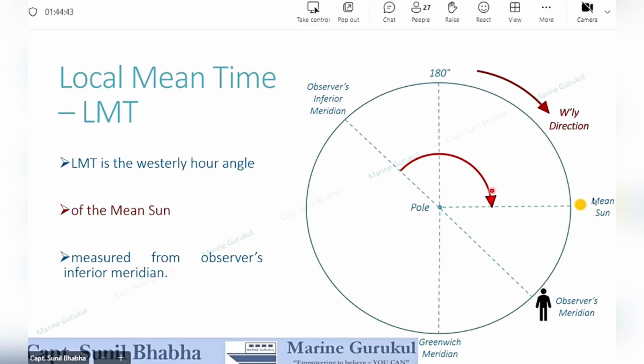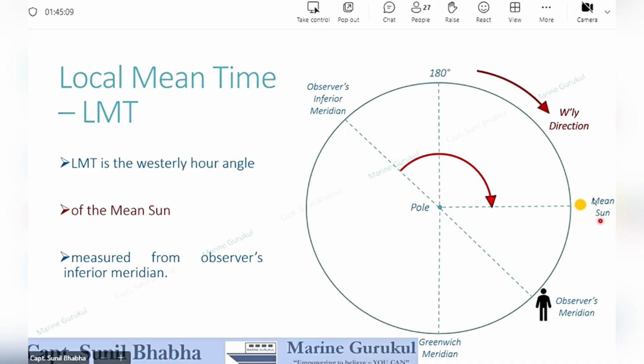This red color arc which you see, the red color angle which you see, is the local mean time for this particular observer. LMT is the westerly R angle. So you see the direction of this red color arc and angle is the westerly direction as represented by this arrow. It is the R angle of the mean sun.